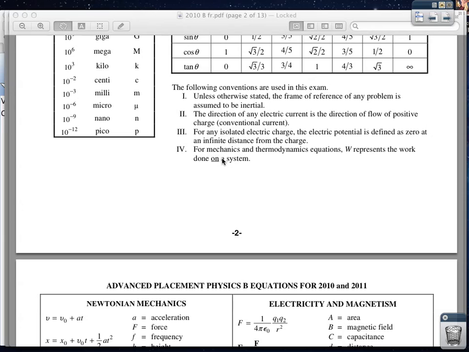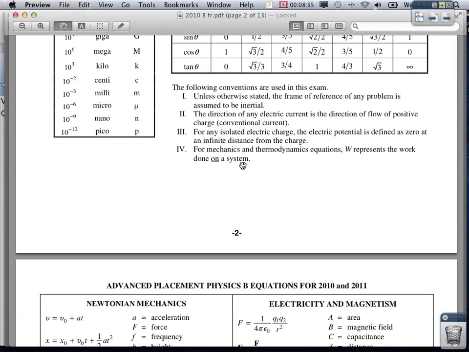So this says, for mechanics and thermodynamics equations, W represents the work done on a system. Okay, so if this goes in Jenny's hand and then she drops her hands down on the table, that is work being done on her by the environment.